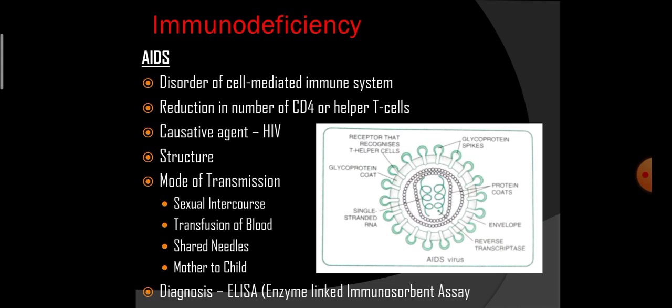Mode of transmission: sexual intercourse. If a person has AIDS or is HIV positive, it can be transmitted through sexual intercourse, transfusion of blood, and shared needles, so basically blood related. Since the virus is present in fluids like semen and vaginal fluids, it is transmitted through sexual intercourse.